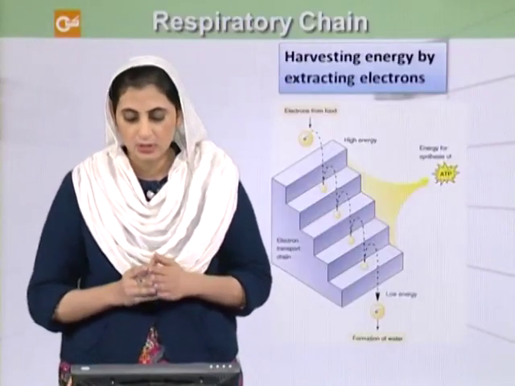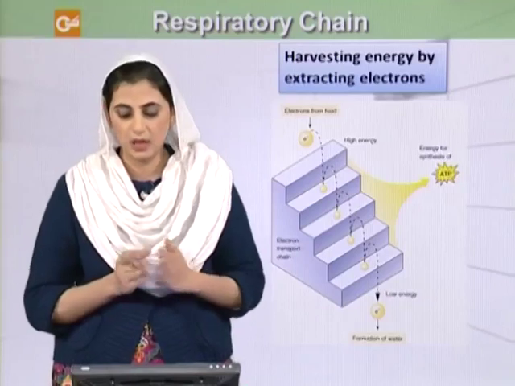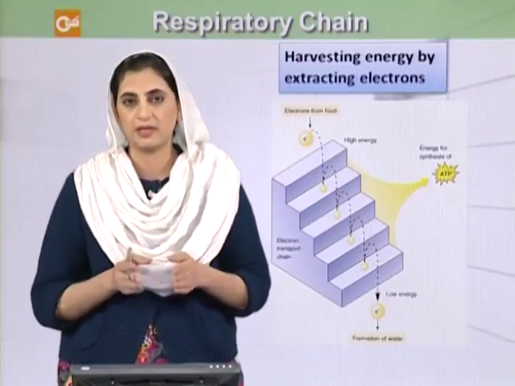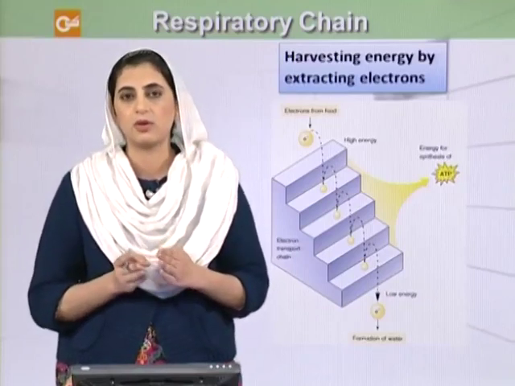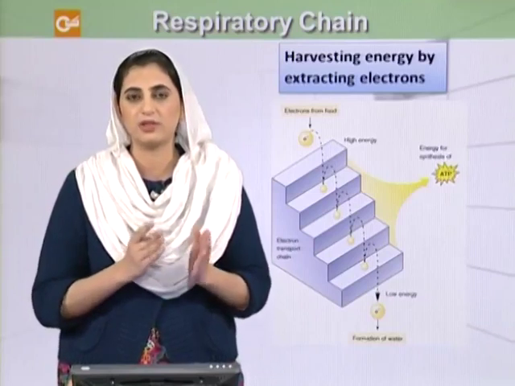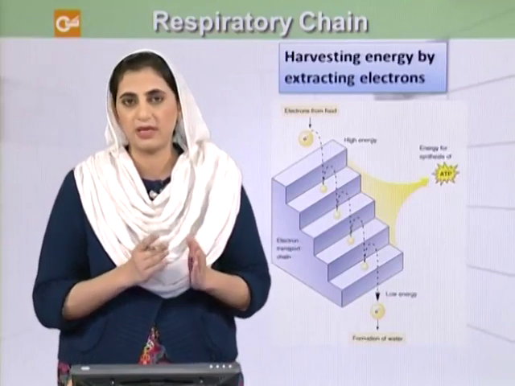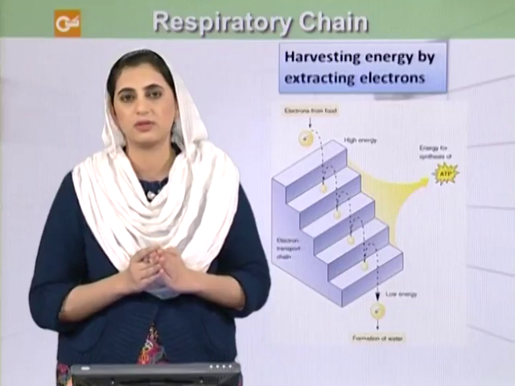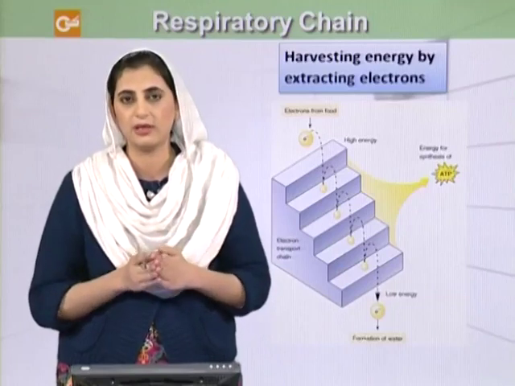Now we will move on to the third stage of cellular respiration, which is the respiratory chain. First of all, we will see how we harvest energy by extracting electrons. As we know, when an atom shifts its electron from one atom to another, it also transfers its potential energy.